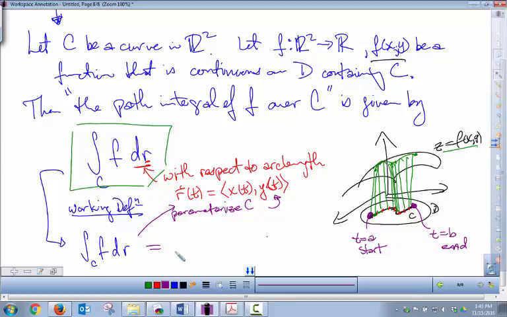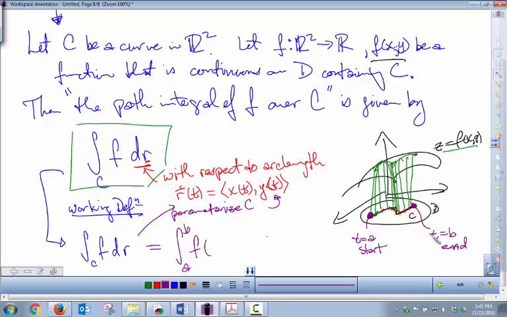So once you figure out the starting point and ending point of your parameterization, this path integral now becomes a basic single variable integral that we would have seen in Calc 2. Now your integrand is f that has an x and a y.